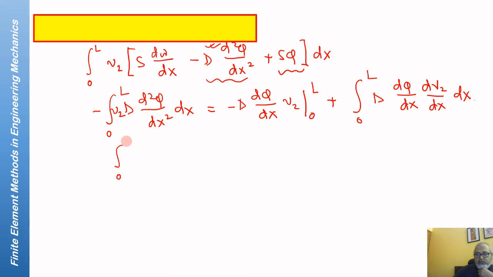The third term, the integral 0 to L of S phi, remains as it is, and the last term we can also maintain in the same way.